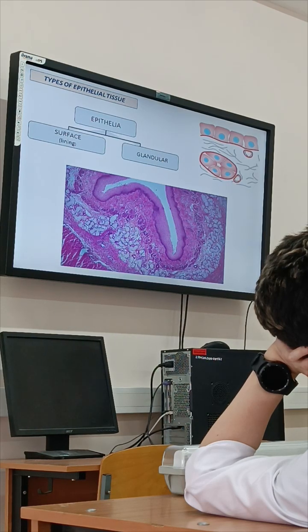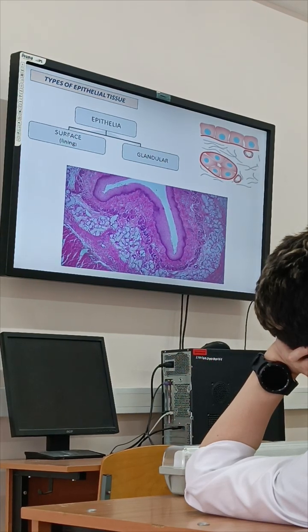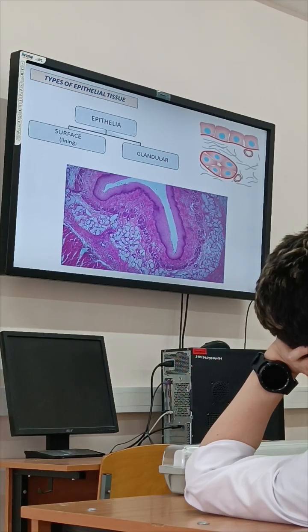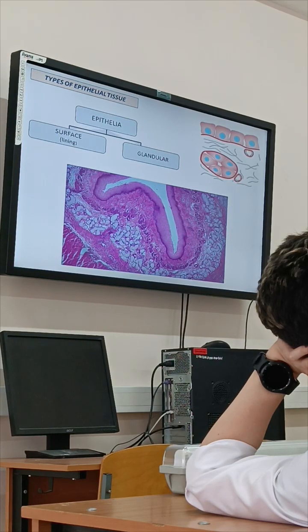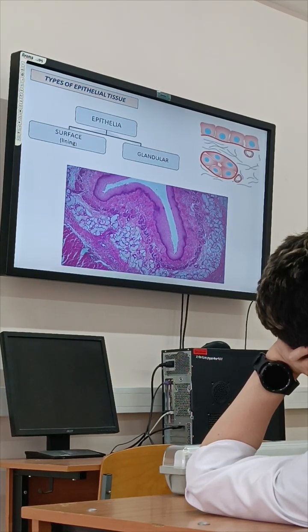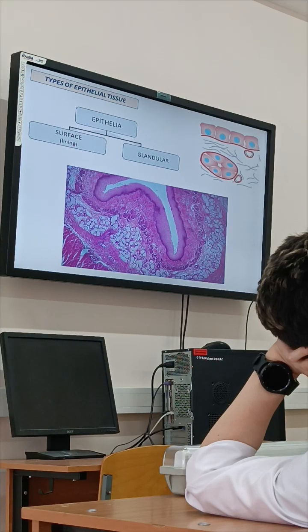Your task is to draw one such cell using electron microscopy. We can see basal striation that corresponds to basal enfoldings. So this cell should have basal enfoldings, a nucleus, maybe some organelles, mitochondria you can add.